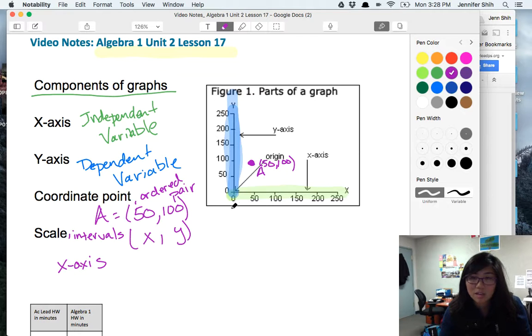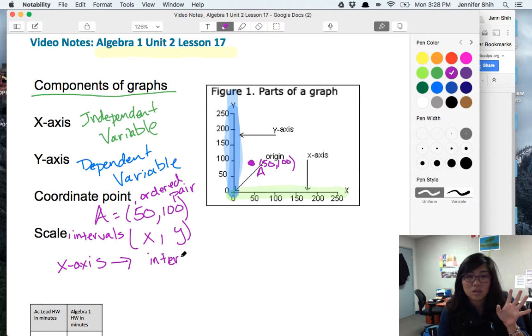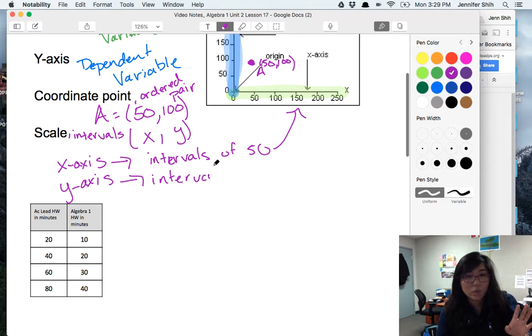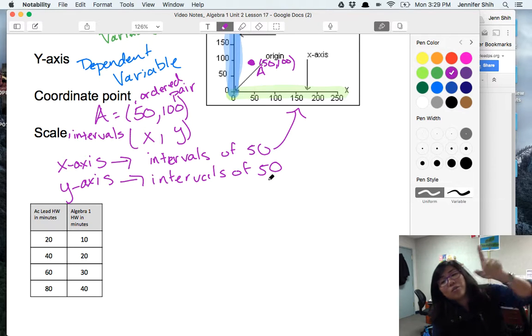They're not given, and then you have to fill them in at a certain interval, and that's your scale. So your x-axis is in intervals, in this case, of 50 in this graph. And your y-axis is also in intervals of 50. It is not always in intervals of 50. Sometimes it's in intervals of 1, sometimes it's by 100, 150.